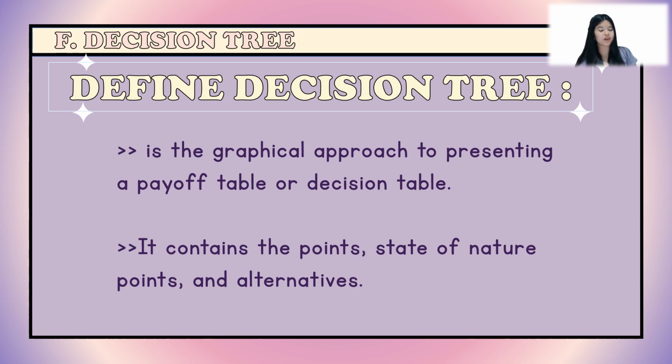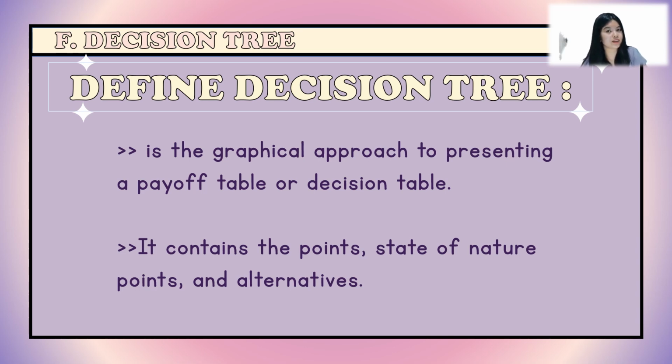A decision tree is a graphical approach to representing a payoff table or decision table. It contains the points, states of nature, and the alternatives. So, a decision tree is a map of possible outcomes of a series of related choices. It allows individuals or organizations to weigh the best actions against one another based on their costs, probabilities, and benefits.